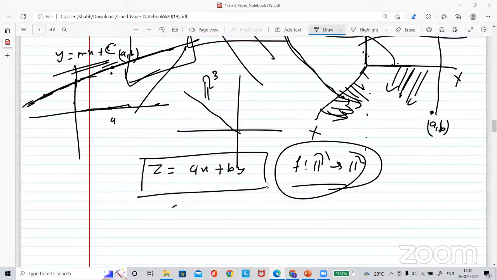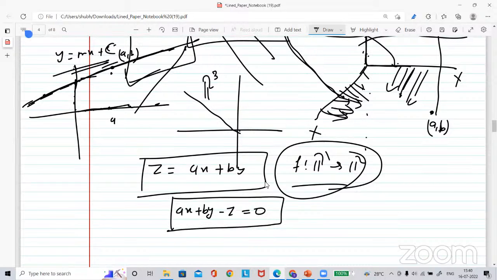You can think like this: ax plus by minus z is equal to 0. So this is the equation for the subspace.